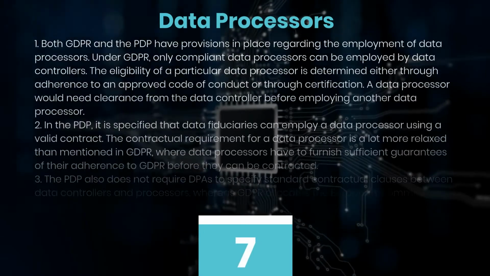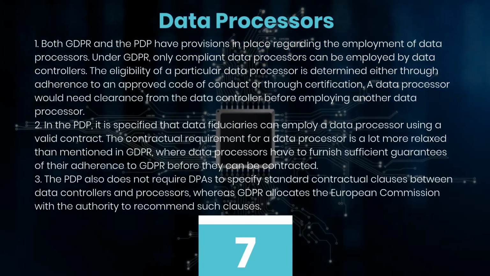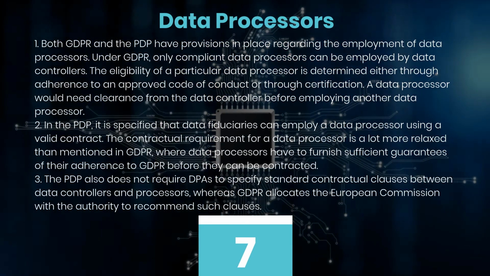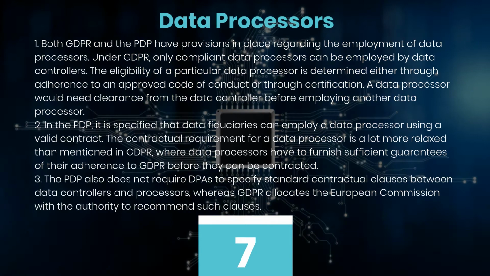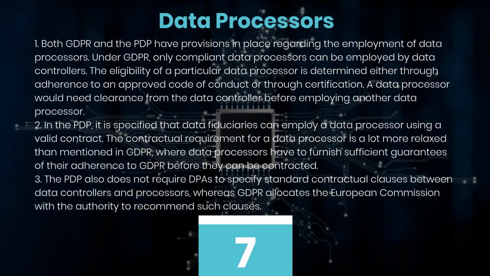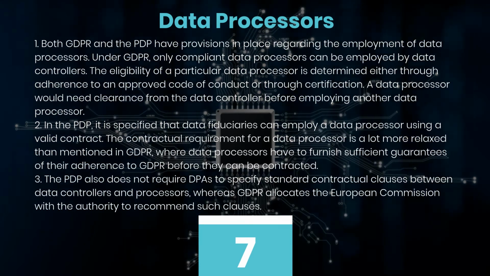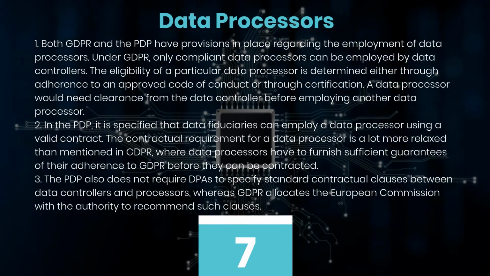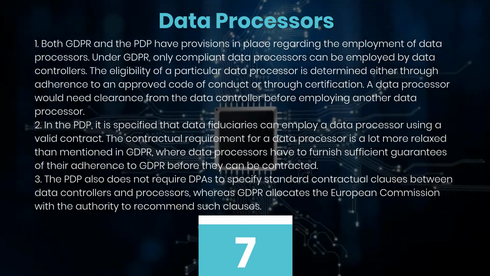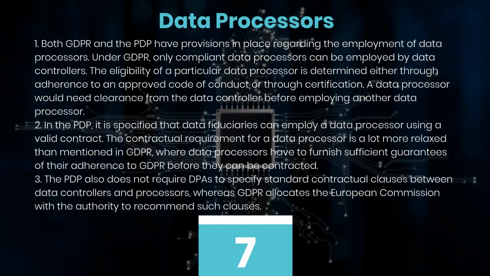Data processors. Both GDPR and the PDP have provisions in place regarding the employment of data processors. Under GDPR, only compliant data processors can be employed by data controllers. The eligibility of a particular data processor is determined either through adherence to an approved code of conduct or through certification. A data processor would need clearance from the data controller before employing another data processor.